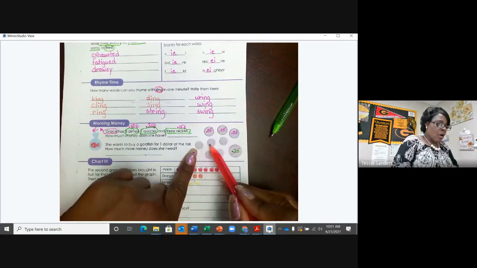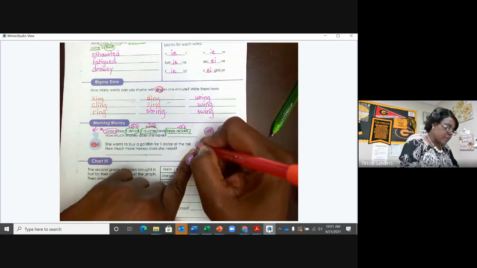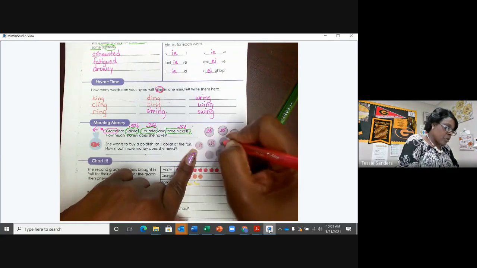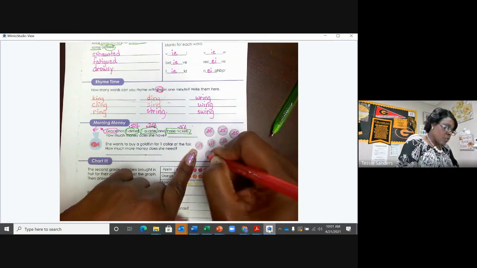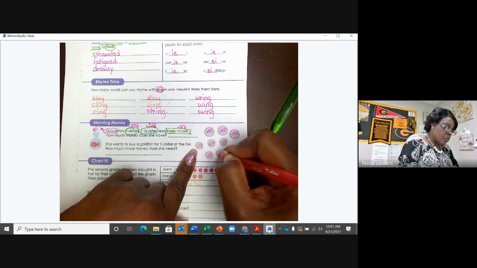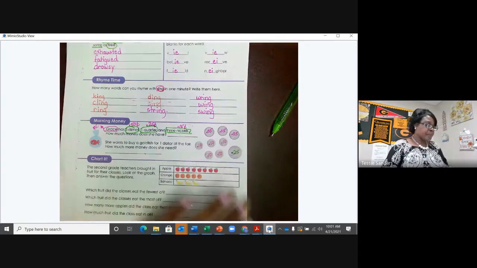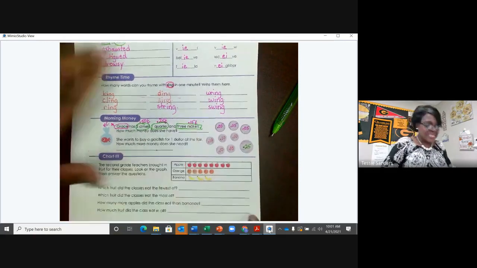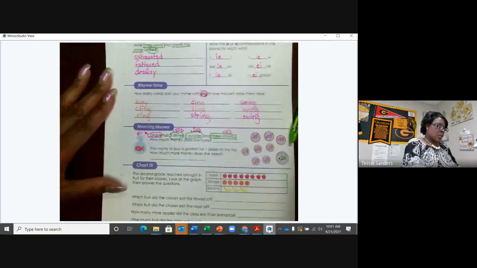And these are what? Tens. These are the dimes. 0.10, 0.10, 0.10, 0.10, 0.10. So we're going to create a number sentence. Right?